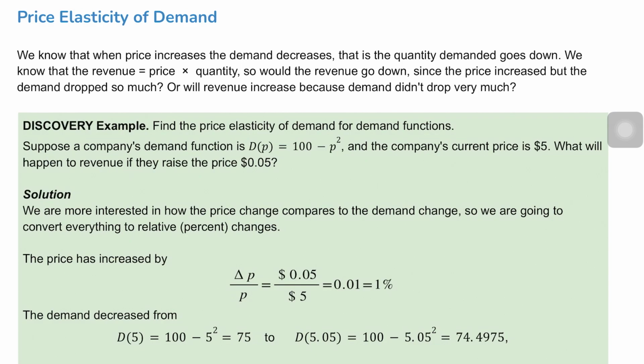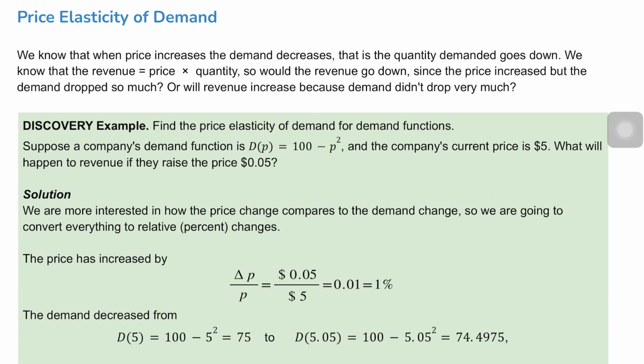We know that when price increases, of course, the demand will decrease. And what I mean by demand is what the population is going to buy, right? So if the price increases, then the population is willing to buy less.